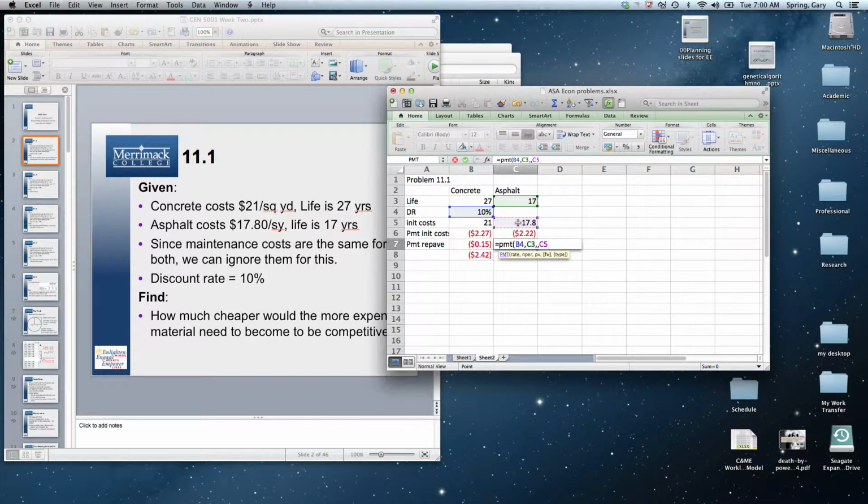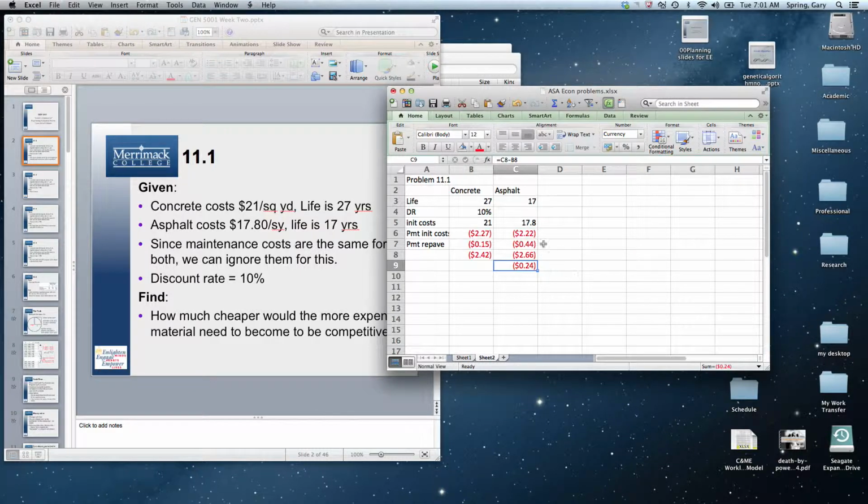That's how much it's going to cost per square yard in 17 years, we're assuming. And so the present value is 266. So you can see asphalt turns out to be more expensive. So I'm going to subtract those two. Asphalt costs 24 cents per square yard more.